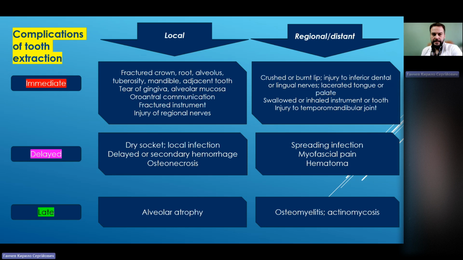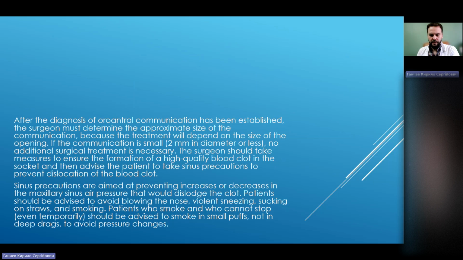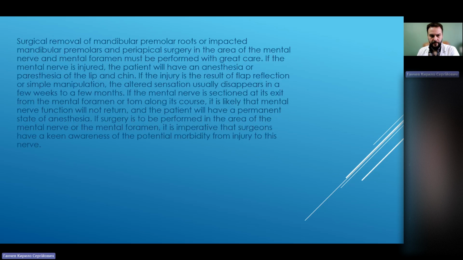And finally, a late local complication is alveolar atrophy, and distant late complications are osteomyelitis and actinomycosis. Okay, so we could talk about any of those complications, but it's not so interesting, right?